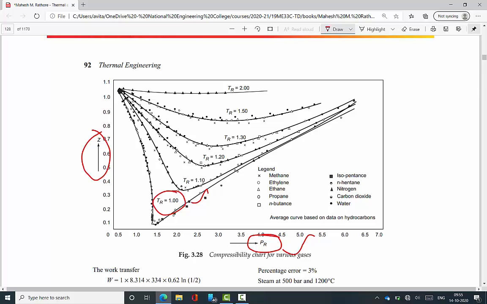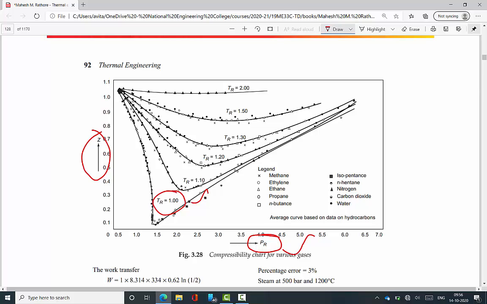In the remaining situations, the Z value is always less than 1 for all gases at particular PR and TR. TR increases from 1 to 1.10, 1.20, and PR increases horizontally. With these two, we determine the Z value.